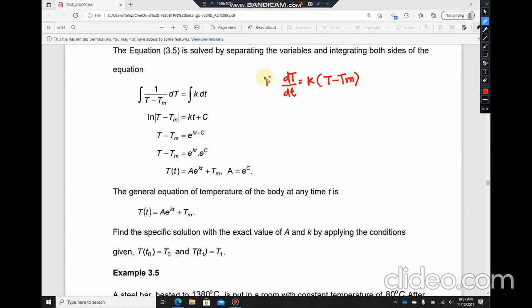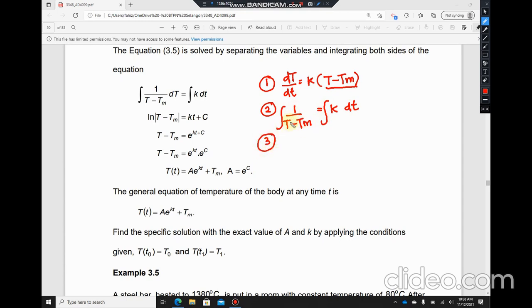So this is the first step, and then in the second step kita guna separable. Since kita ada function T kat sini, so kita pindah sebelah kiri, dia akan jadi 1 over (T - Tm). Okay, so this one k kita kekalkan, and then dt bawa ke sebelah kanan. Okay, then we can integrate both sides sebab dia dah jadi separable differential equation.